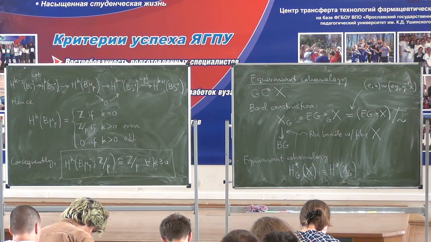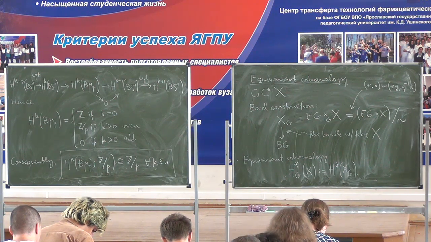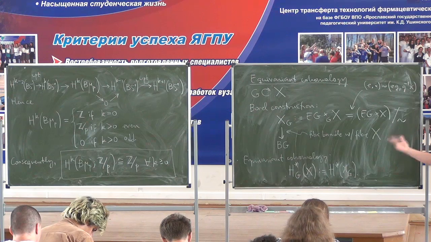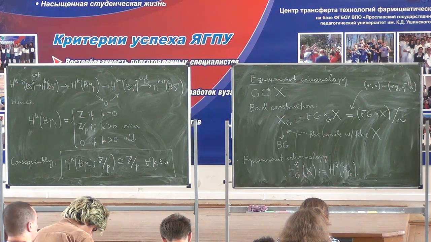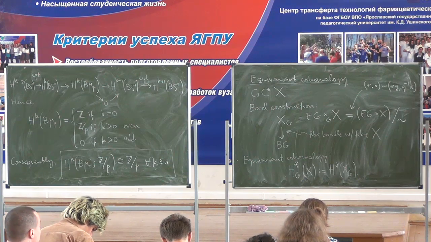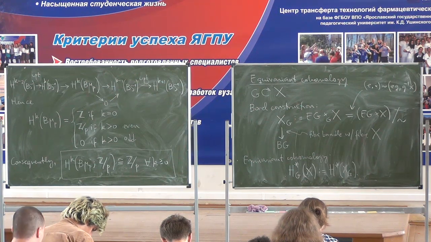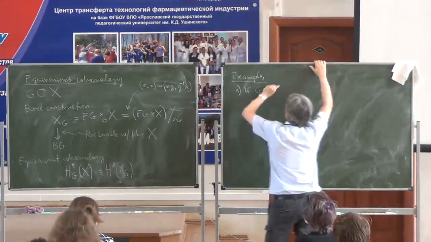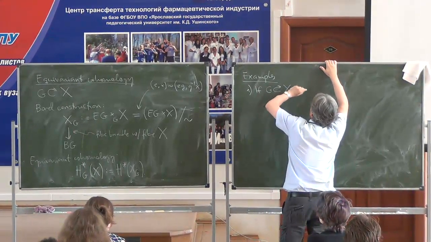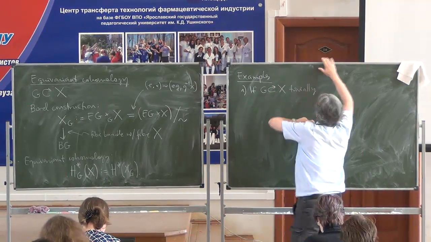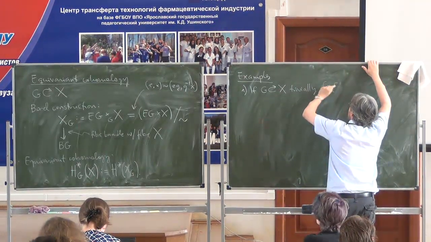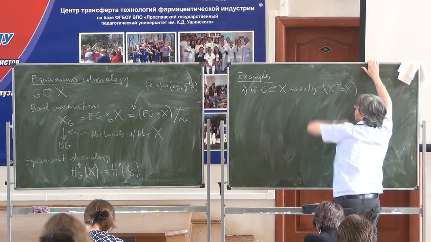Okay. Let's consider two extreme situations. Suppose first that G acts trivially on X. And this means, of course, that all points are fixed points.